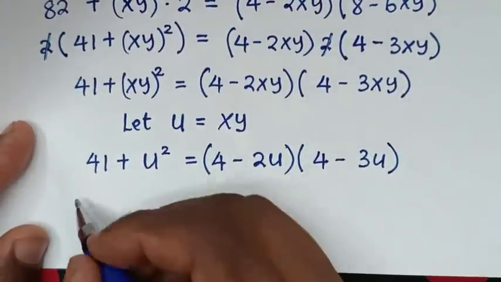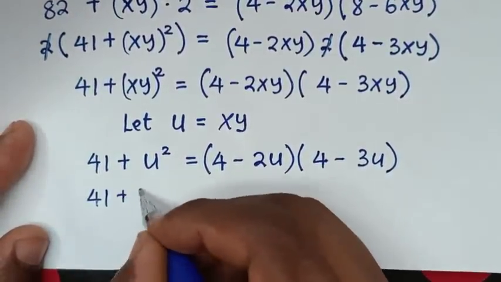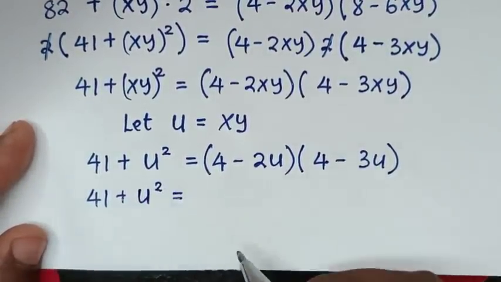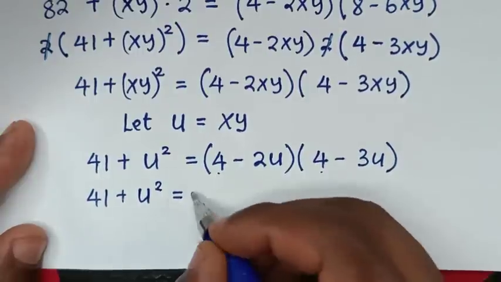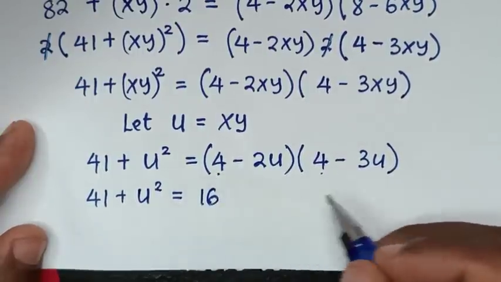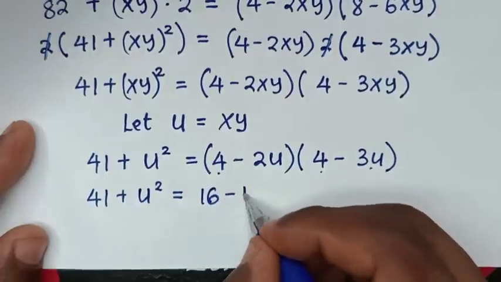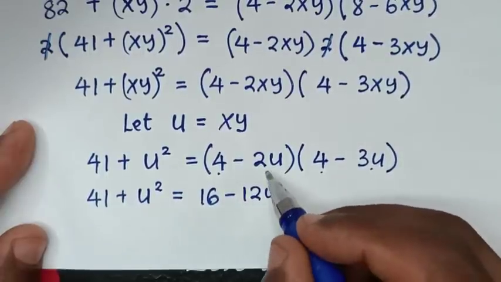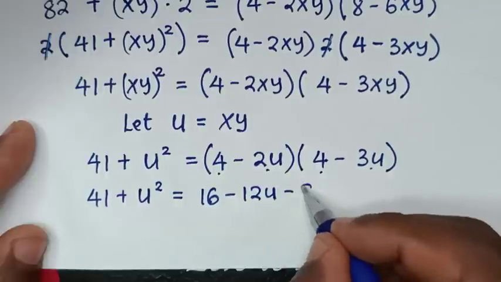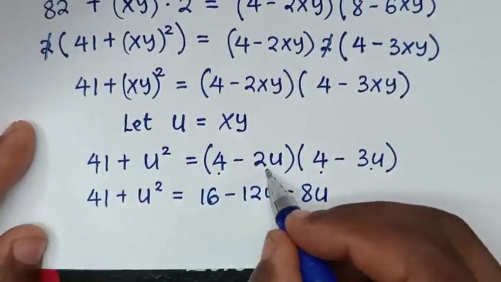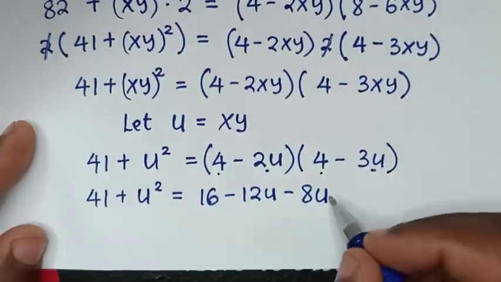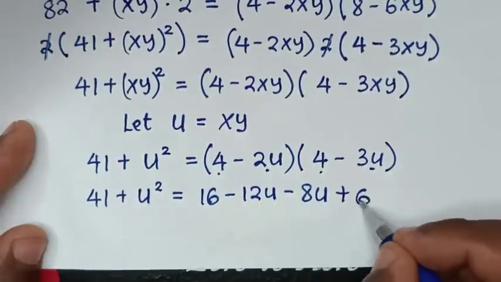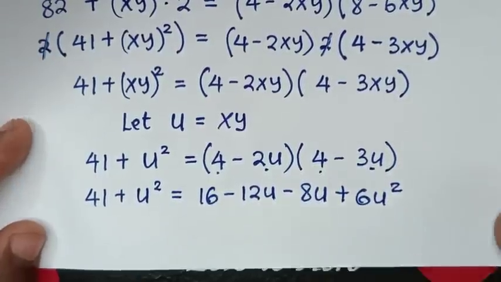Then from here it will be 4(1 plus u) squared is equal to 4 times 4 is 16. 4 times negative 3u is negative 12u. Negative 2u times 4 is negative 8u. Negative 2u times negative 3u is positive 6u square.